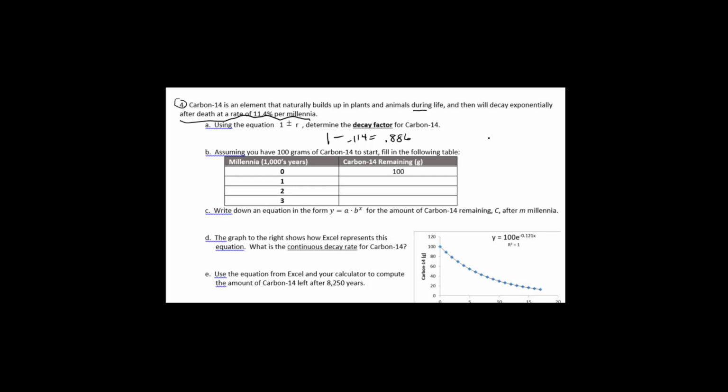So I'm going to take 100 and multiply it by 0.886. And then I'm going to get this value right here after 1 millennium, after 1 decay. That's going to be 88.6.